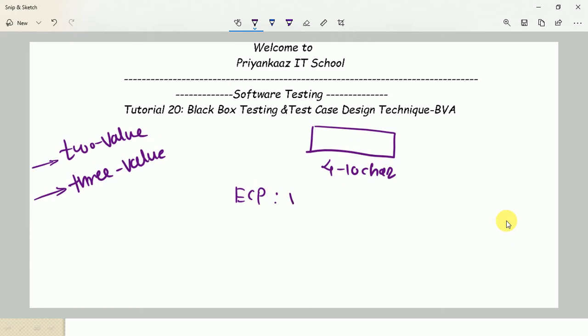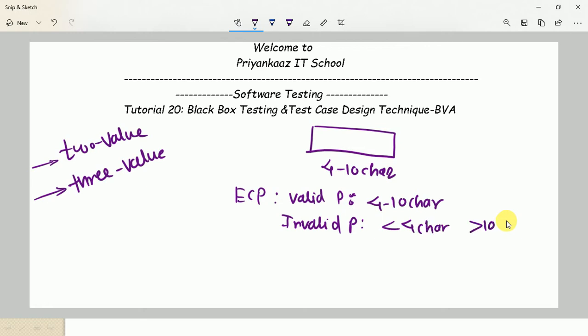The valid partition is 4 to 10 characters, between the range. And the invalid partitions, guys, are less than 4 characters, which are not allowed, and greater than 10 characters, also not allowed. So we need a minimum of 3 test cases in equivalence class partitioning.